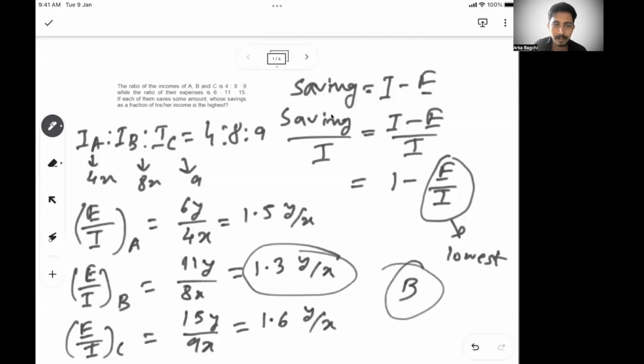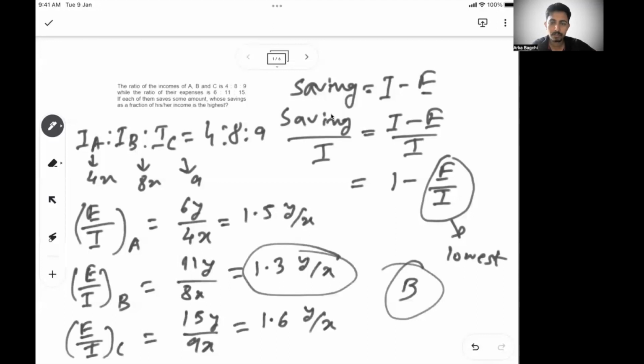Person B has the highest fraction of savings by income. I hope it's clear. What we did was try to understand the relation between savings, income and expense. From there, we found that savings by income will be highest when expense by income is lowest.